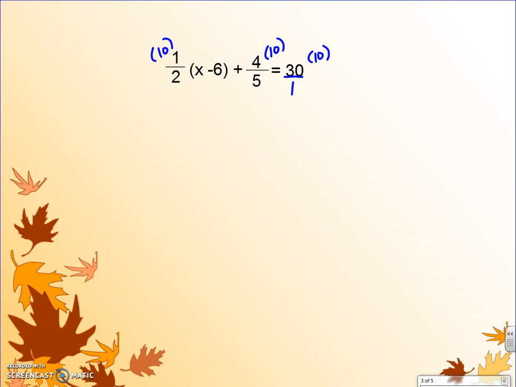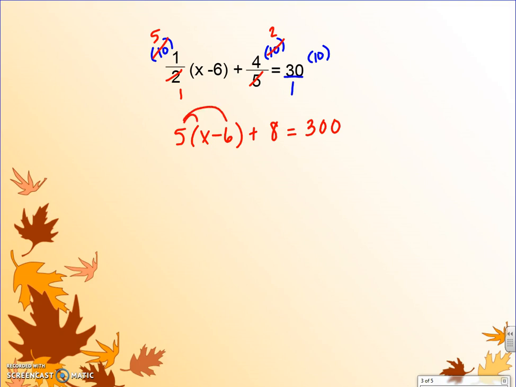So if you notice in this one, I'm multiplying the 1/2, and I'm multiplying the 4/5, but I am not multiplying the x minus 6. And the reason is because I'm going to distribute that 5 over anyway.